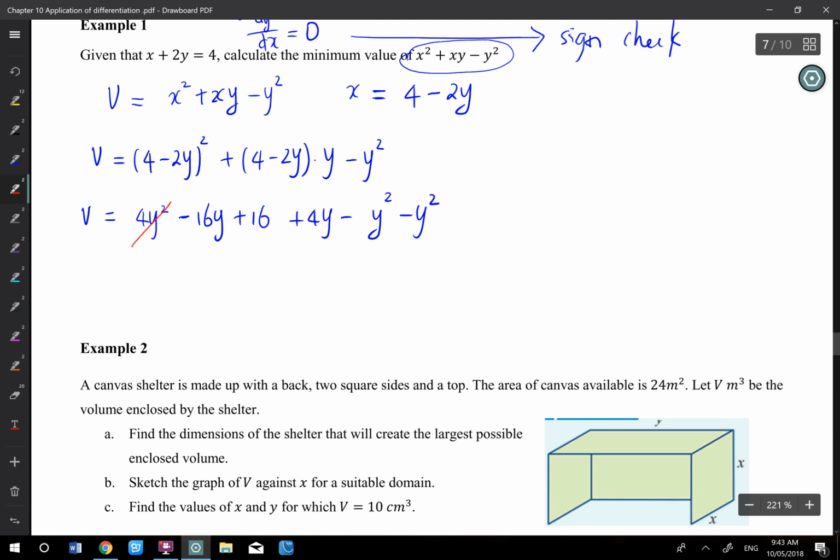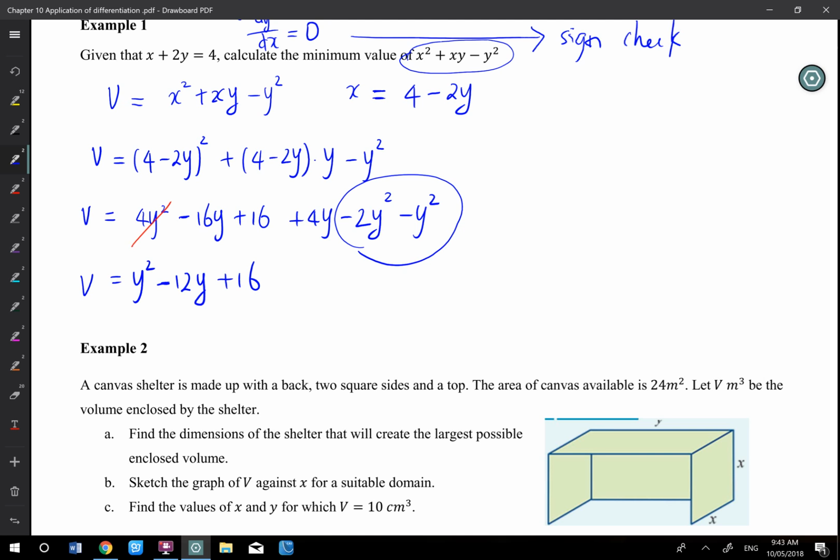Oh, sorry, just 2y squared here. Then we have 4y, minus 2y and minus y, so we have y squared here. Minus 16y plus 4y, that's a minus 12y. And plus 16.